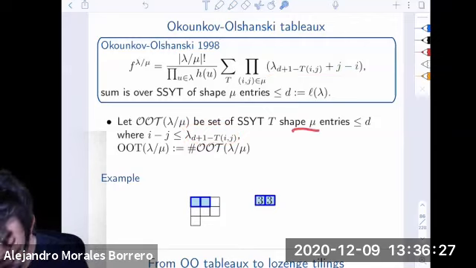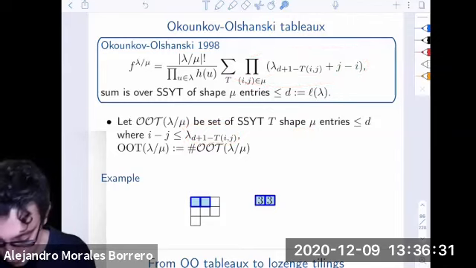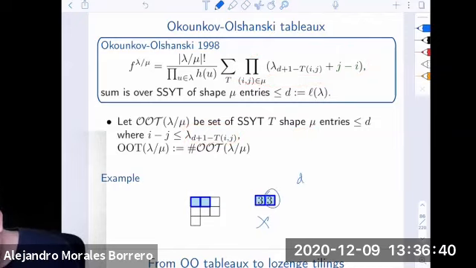So they're of shape mu. I want to make sure that all of this is positive. So this will be excluded here because this box does not satisfy what we want. Let's check. d here is 3. So we have lambda of 3 plus 1 minus the value of the tableau, which is 3. And the content here is minus 1. Well, minus the content is minus 1.